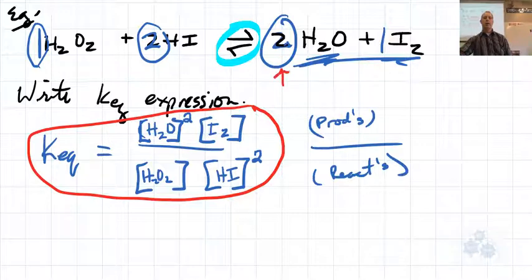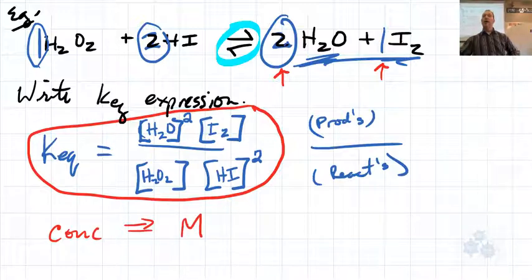So once again, make sure that you remember to put the exponents. You do not have to show the 1. Make sure these are not rounded brackets; they're square brackets representing concentration. And do you know what concentration is measured in? Capital M, it's moles per liter.